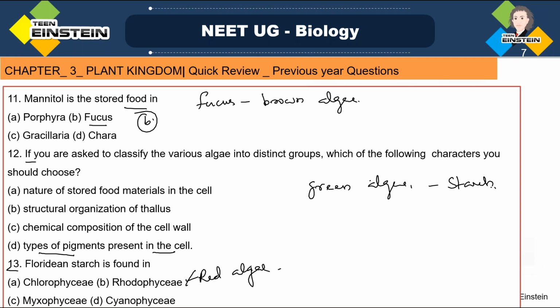And in brown algae, the reserve food is laminarin and mannitol. In another question, we had discussed laminarin and mannitol.